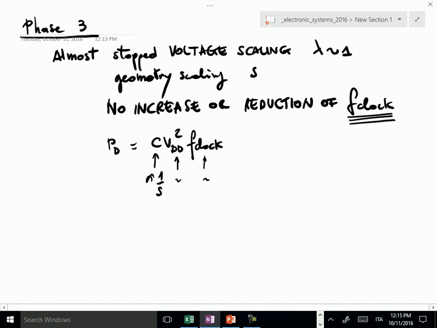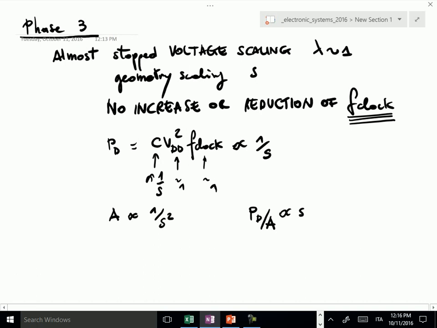F clock, we keep it constant. Okay, and then we have that PD goes up as 1 over S. The area is proportional to 1 over S squared. The PD over area goes up like S. So the power density per unit area in this case is still increasing.